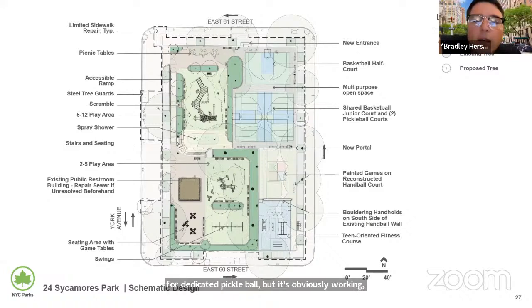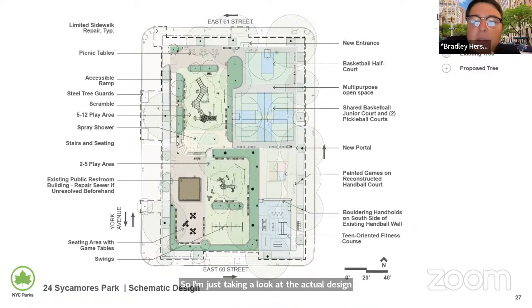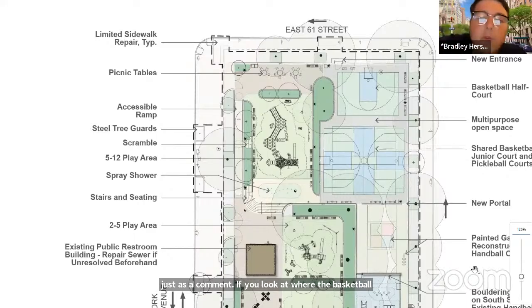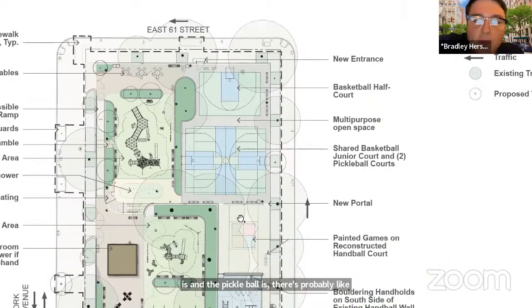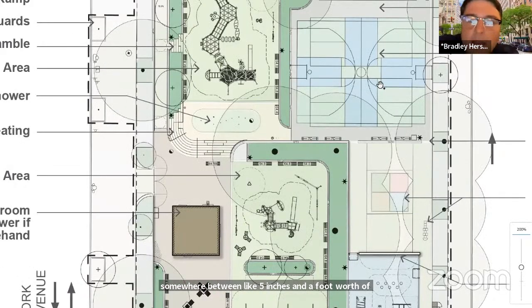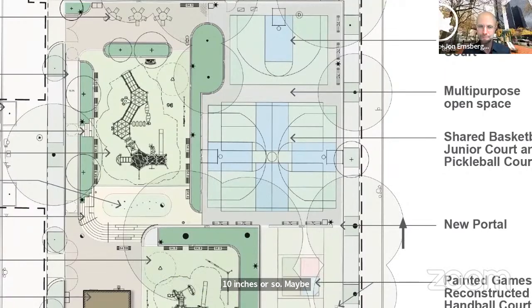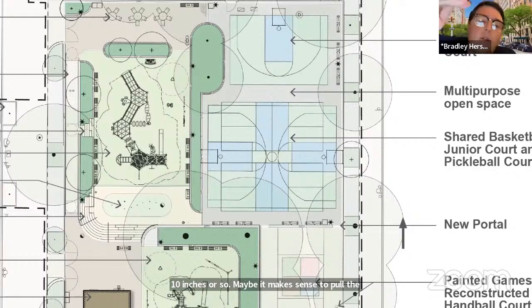Just taking a look at the actual design, if you look at where the basketball is and the pickleball is, there's somewhere between 5 inches and a foot of space where the basketball court ends, and then the pickleball court maybe has about 10 inches. Maybe it makes sense to pull the basketball court up to where the pickleball court ends, and then you wouldn't have those green box, two blue boxes, and then a green box.